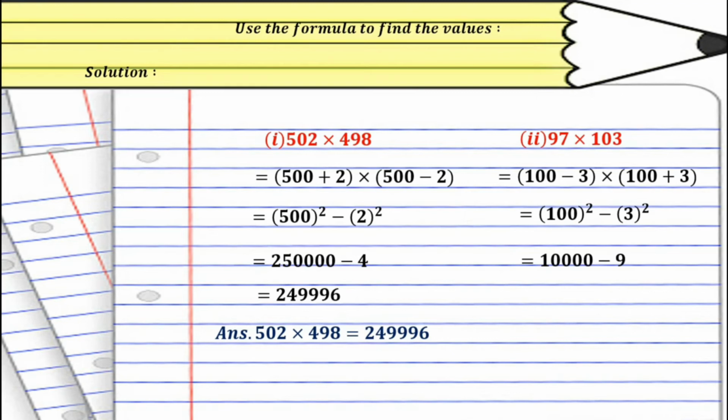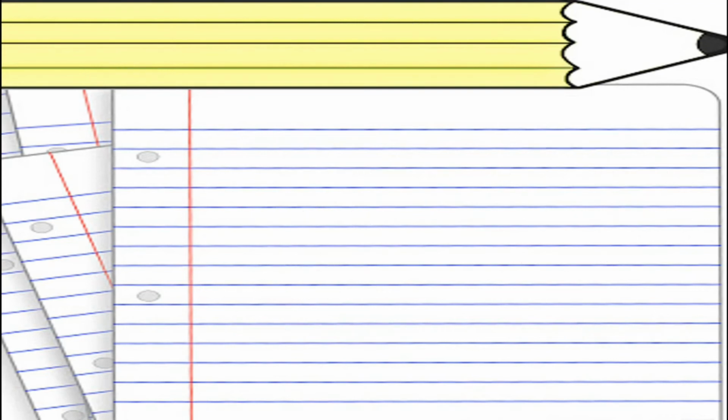So 10,000 minus 9, and that will be 9,991. So the answer will be 97 into 103 is equal to 9,991. Okay, like this.